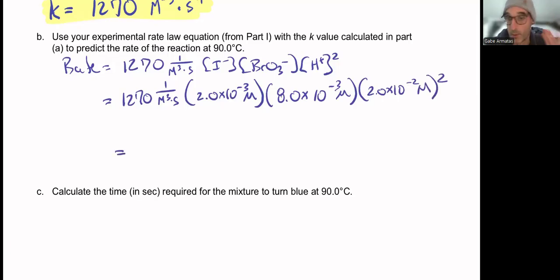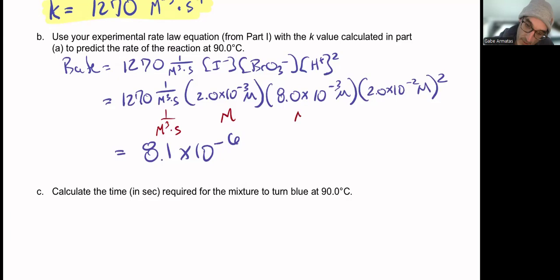And what we end up with when I multiply all of that out is 8.1 times 10 to the -6. And again, we've got to deal with units. 1 over molarity to the third seconds, times molarity, molarity, molarity squared. Molarity cubed gets rid of 3 of those. I've got 1 molarity on top and seconds on the bottom. So we end up with rate is equal to 8.1 times 10 to the -6 molarity per second.